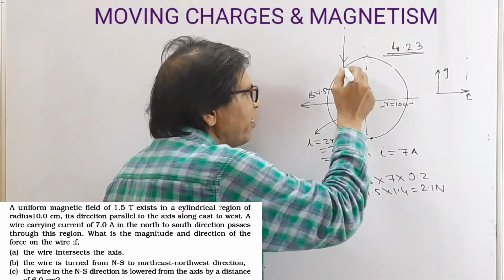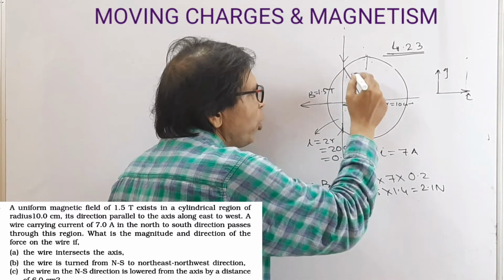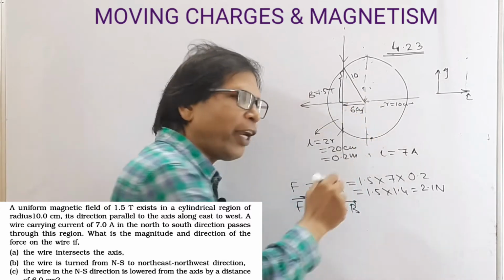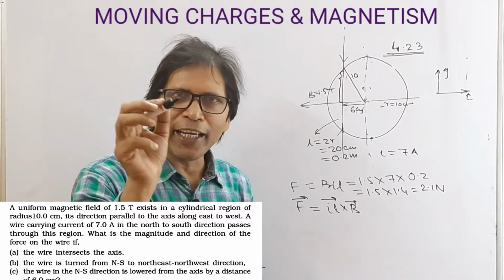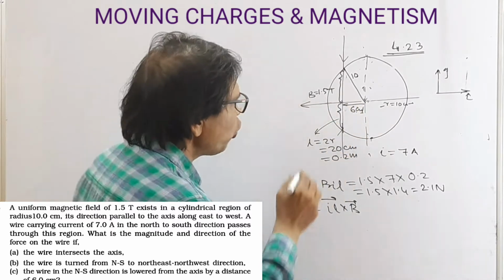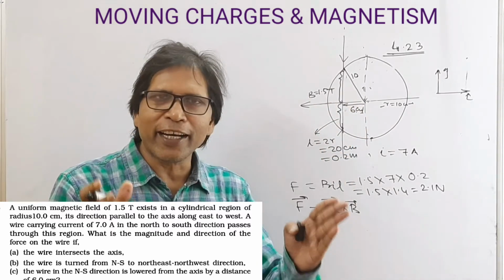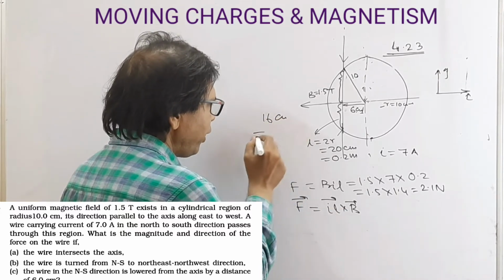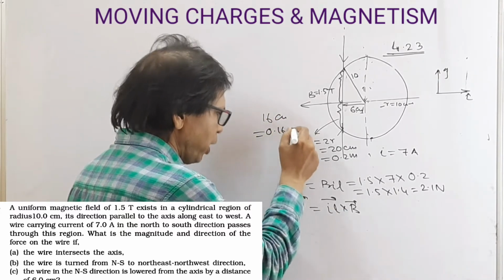Look at this. This is the 10 centimeter. So this length is square root of 10 square minus 6 square, so this is 8 centimeter. If this is 8, this is also 8. So the length of the conductor inside the magnetic field is 16 centimeter, that is 0.16 meter.